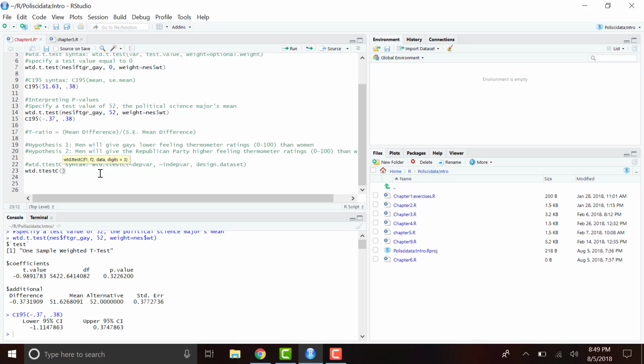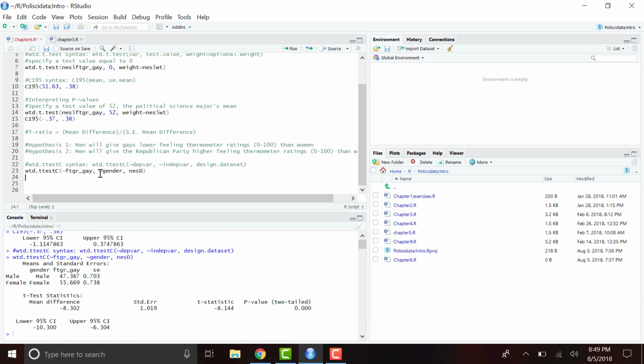wtd.testC. Our dependent variable is ftgr_gay. Our independent variable is gender, and our design dataset is NESD. So, as you can see from here, our T ratio is negative 8.1, and our P value is essentially 0.